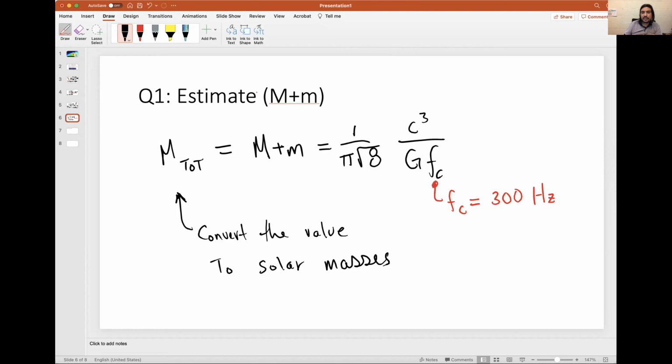So for instance, you know that the mass of the sun is given by some value, right? Just put it in units of the mass of the sun. Okay? And that's all you have to do for this.